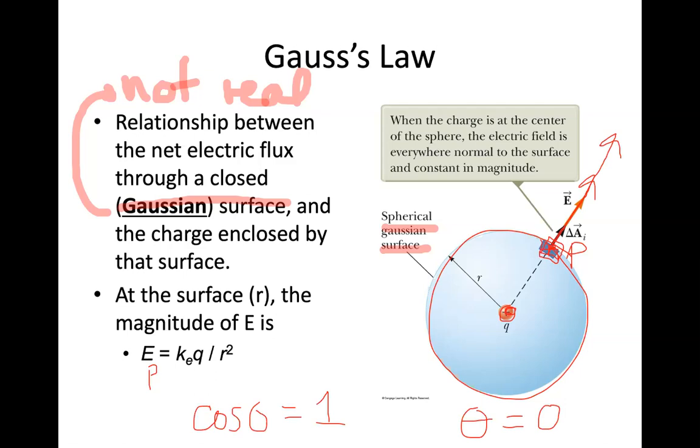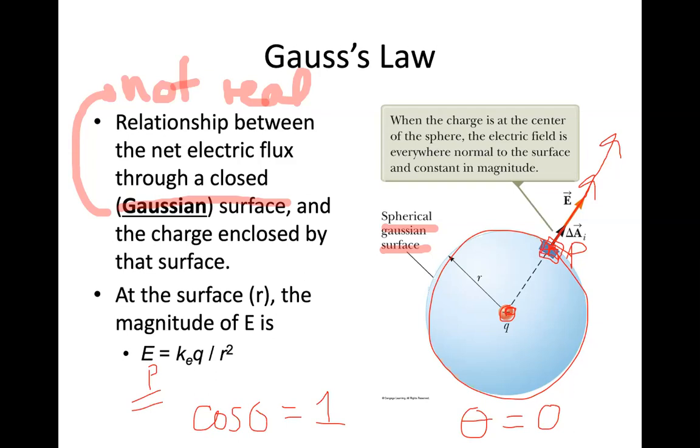Okay, so what is this Gaussian surface? It is a mathematical tool, not real. I'm going to place it at point P, where I want to know the electric field. And I have to make sure that it's a closed surface, a balloon.